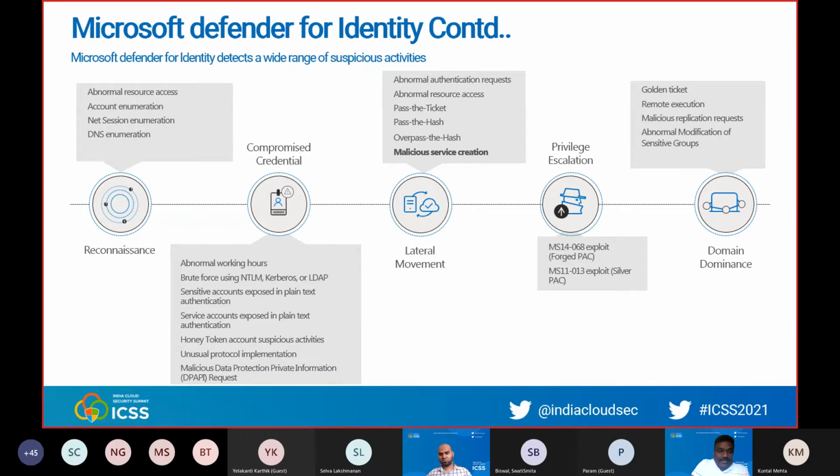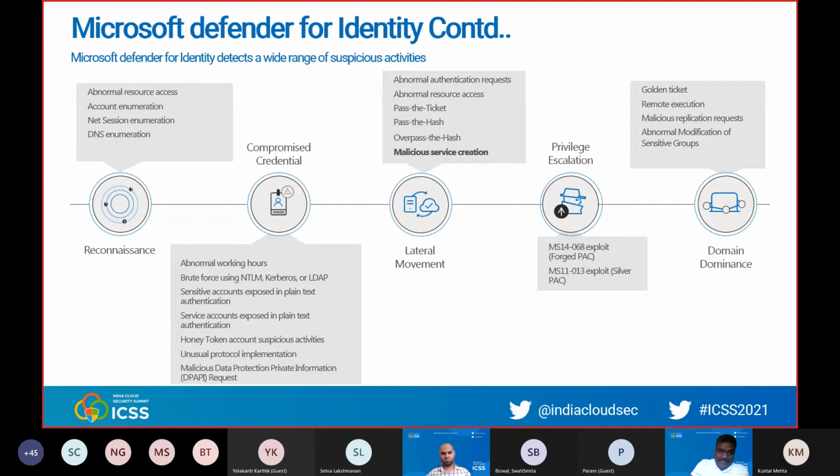So we have seen reconnaissance phase, compromised credential, lateral movement, privilege escalation, and till the end, domain dominance. So all these, while there are certain examples, what is there in the boxes.